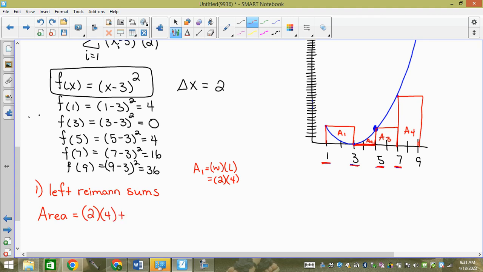What's area 2? 2 times, what's my height of 3? So f of 1 is 4. f of 3 is 0. f of 5 is 4. f of 7 is 16. f of 9 is 36. Do I care about f of 9 for the left Riemann sum? No, because that would be the right side. So I'm going to do 2 times 0 for area 2.